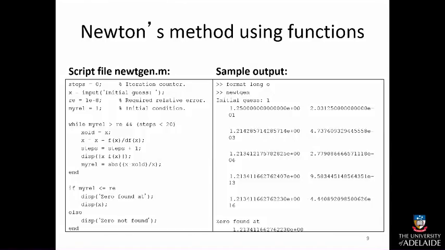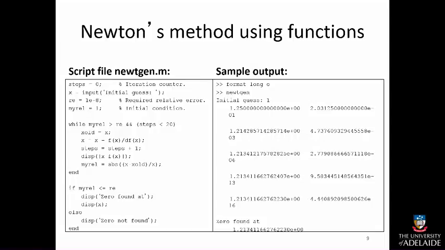So you have the iteration counter, and then you have x equals input. There should be an initial guess for the value of your function, right? And then you have a required relative error, which is RE, and then you can have some initial condition. It's just a variable. We'll see, because this would be the breaking condition later.